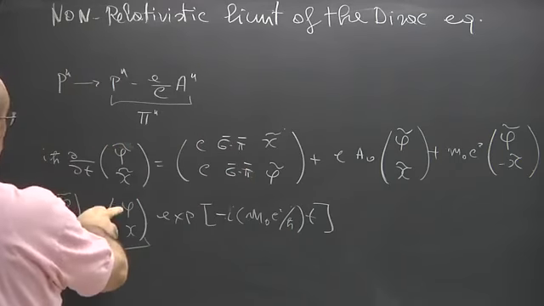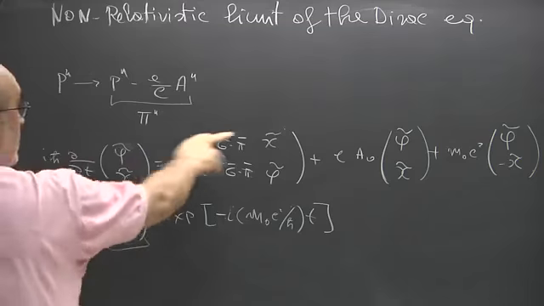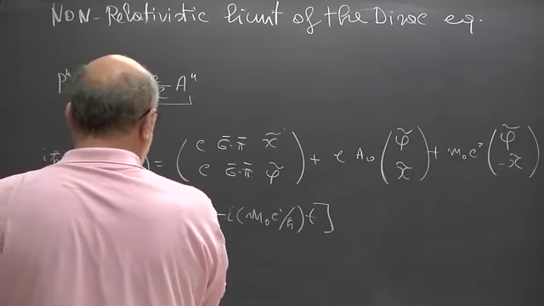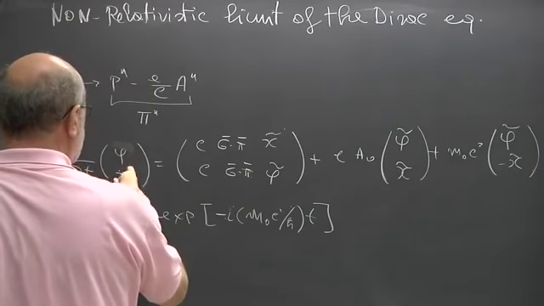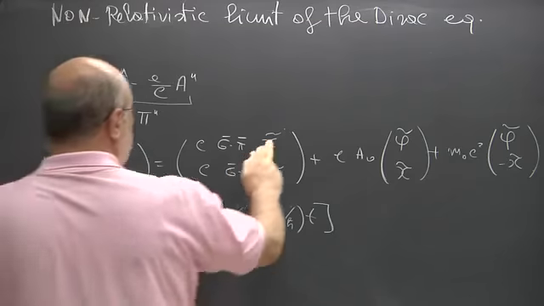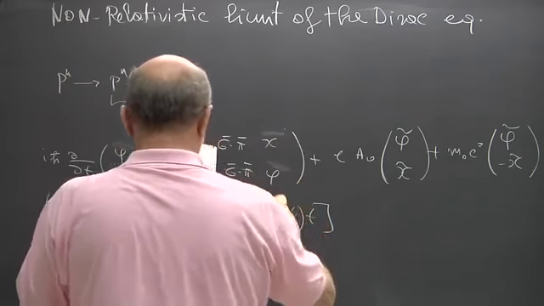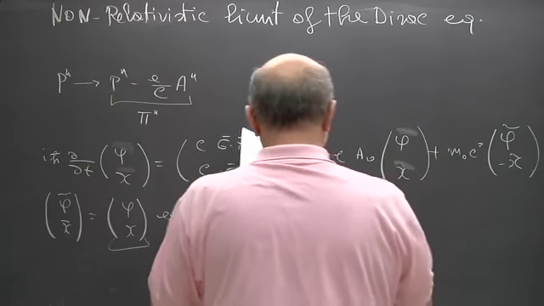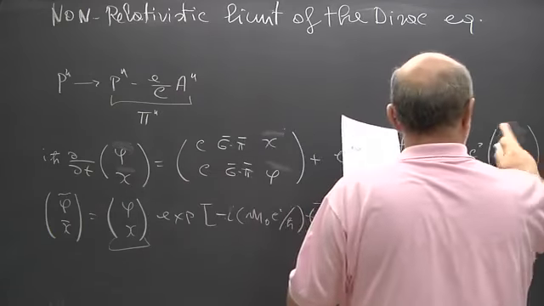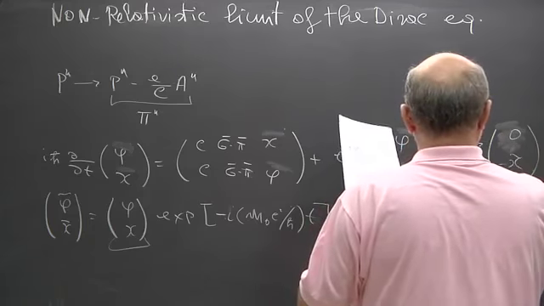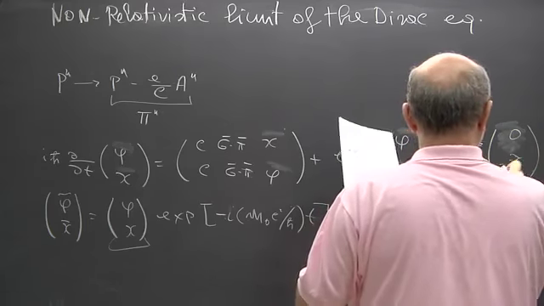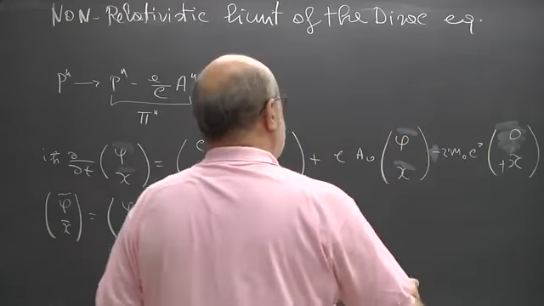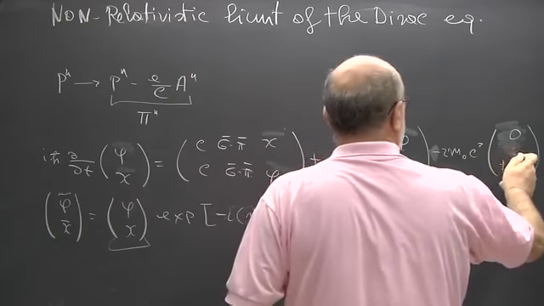Now, if we insert this into that, we get an equation for phi and chi, and the equation is the following thing. But the thing that happens is that here now there is a 0, and here there is a minus 2 plus chi, okay?